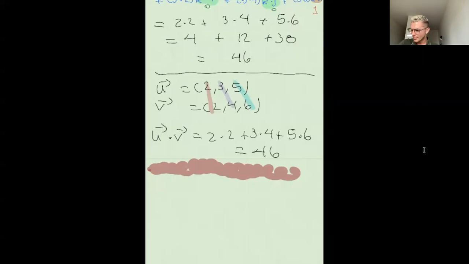Yep. But in general, this is the general formula.